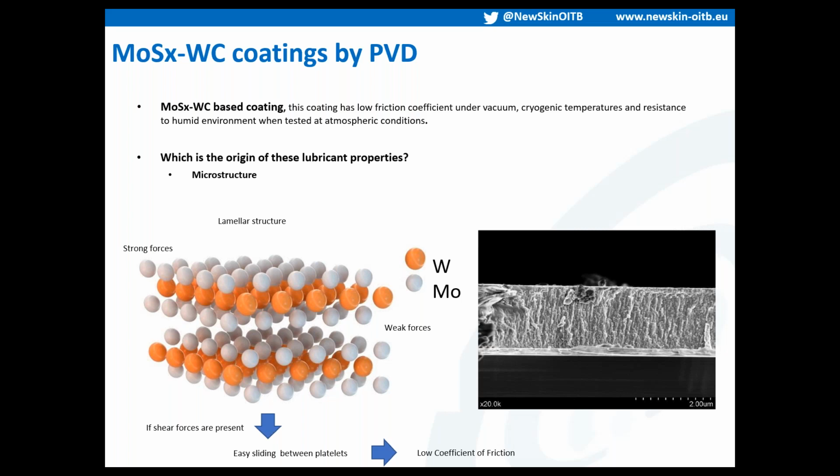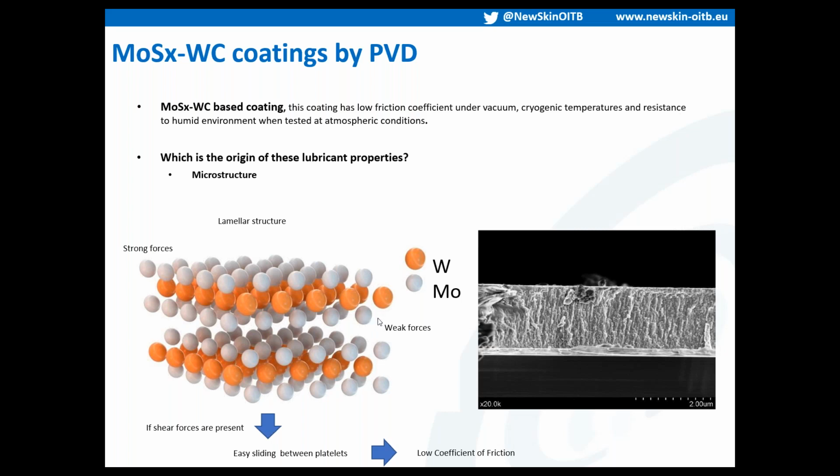But what is the origin of these lubricant properties? It's the microstructure of the compound. These compounds, not only molybdenum disulfide but also other chalcogenides, show the same structure. It is a lamellar structure, and here you can see a picture of it.